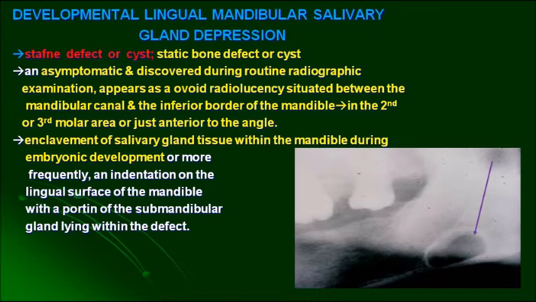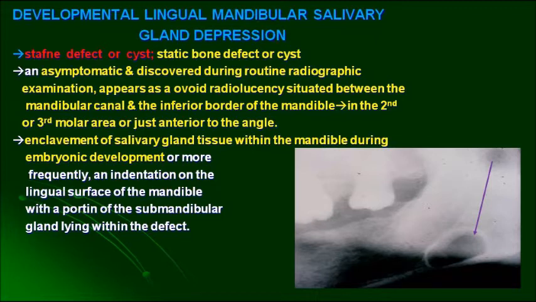It is seen only in case of developmental disturbances, in the second and third molar area, just anterior to the angle of the mandible. It is seen as a radiolucency, black in color. So see the radiographic picture: a radiolucency between the mandibular canal and the inferior border of the mandible, in the second and third molar area, just anterior to the angle of the mandible.